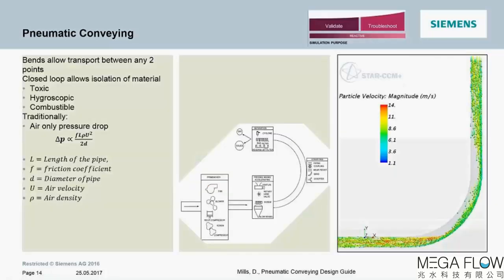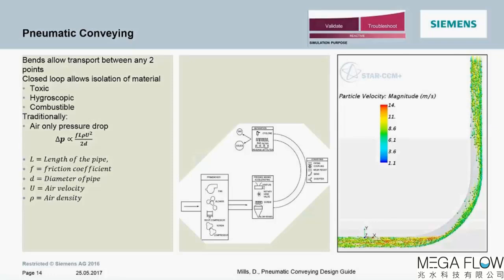And then if you're looking at the pneumatic conveying systems, these are the systems that essentially allow you to connect any two points for particle transport in the shortest possible path, where toxic and hygroscopic particles can be very classically eliminated from the rest of the system.